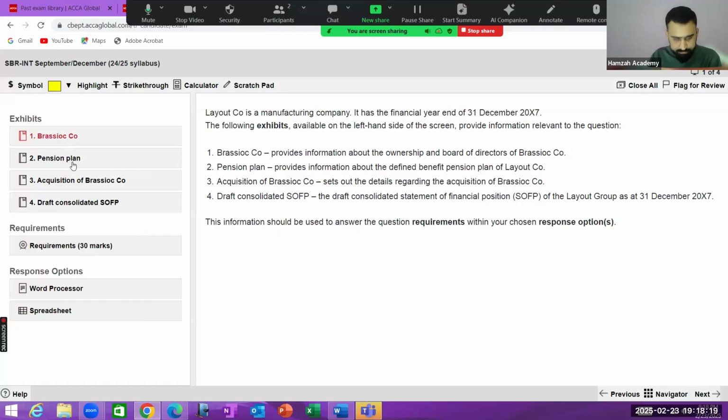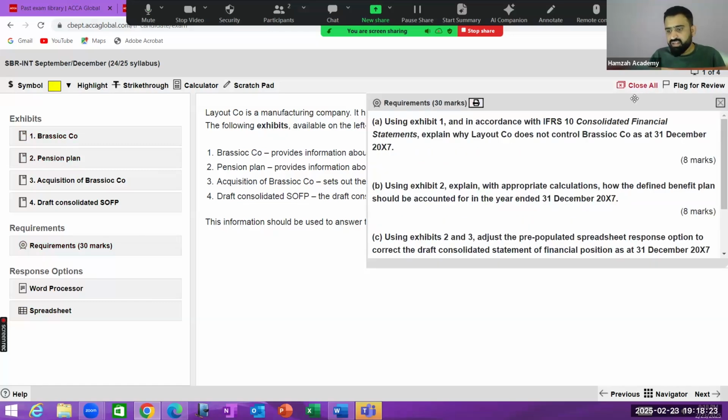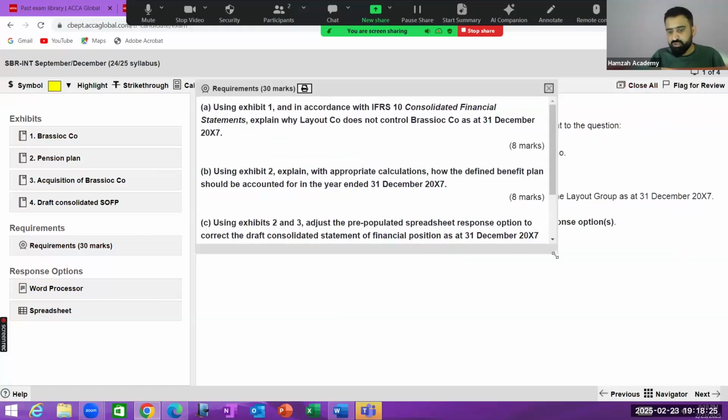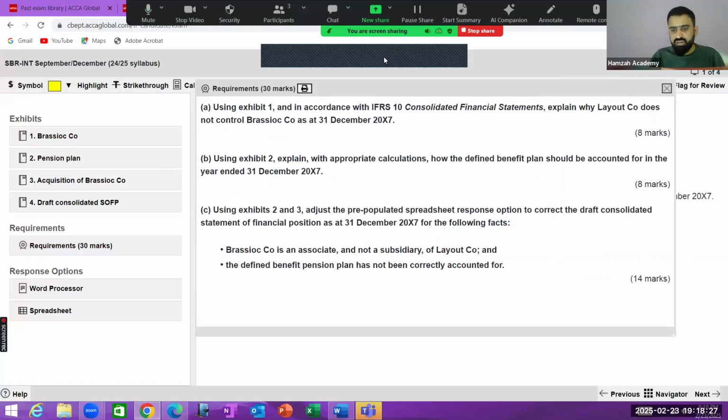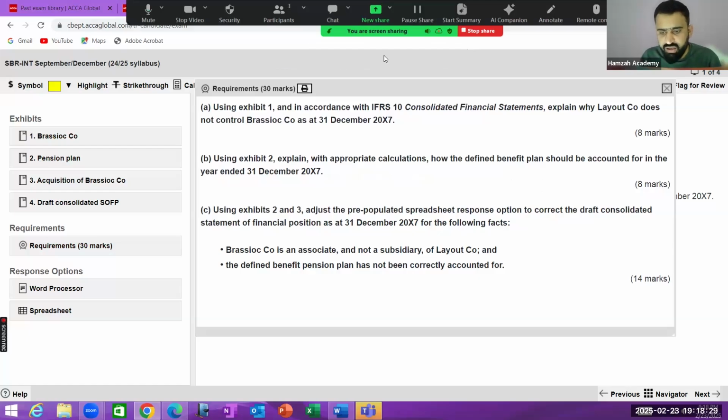If you look at the requirements, some are specifically related to group accounts, and there is a requirement relating to a specific accounting issue of a defined benefit plan relating to IAS 19.